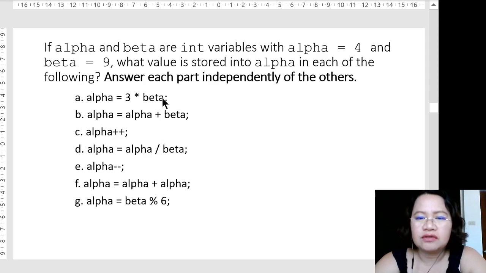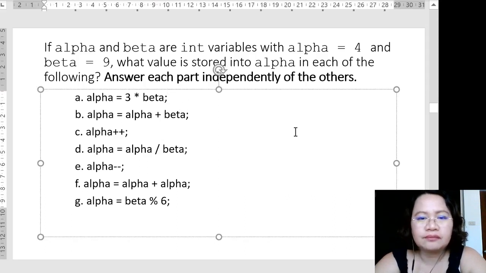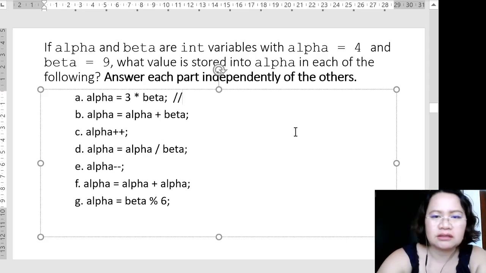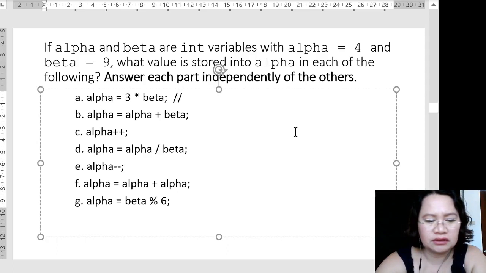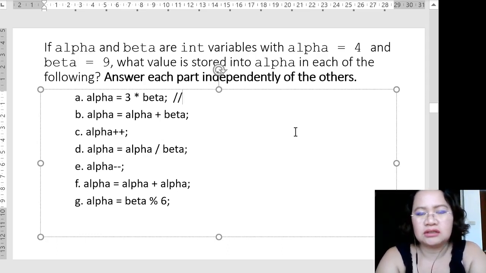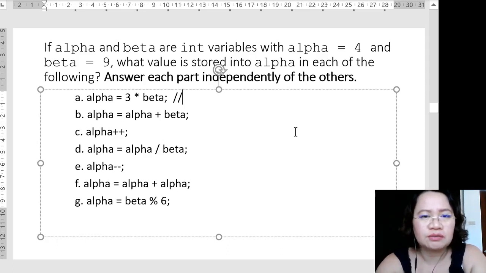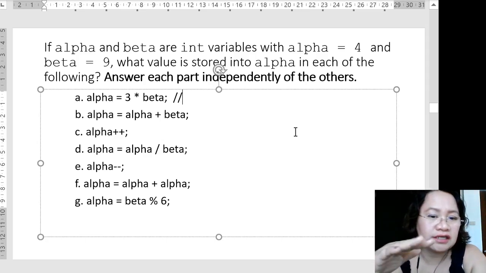For letter A, alpha gets 3 times beta. In an assignment statement, what you need to do is evaluate the expression on the right-hand side and give it as value to the variable in the left-hand side.